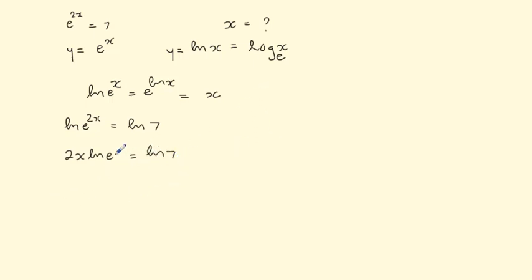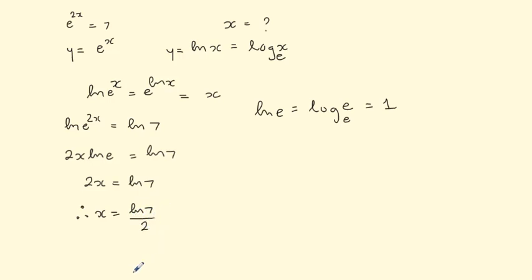And ln e simply says log base e of e, which we know equals 1. Then we end up with 2x equals ln 7. Therefore, x equals ln 7 over 2. That's what we've got there.